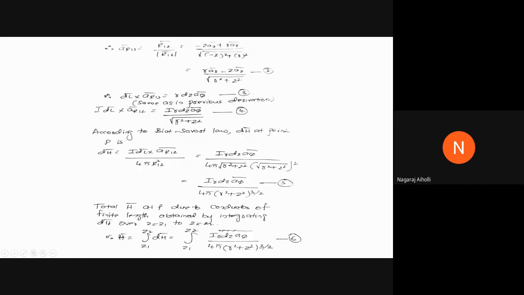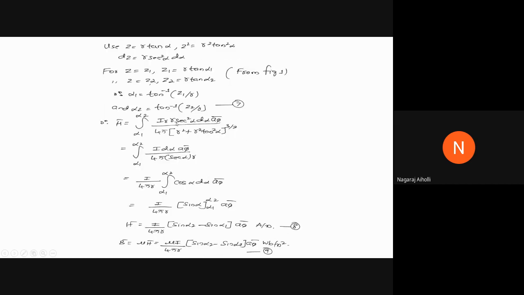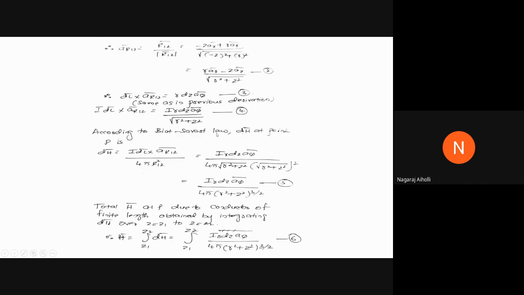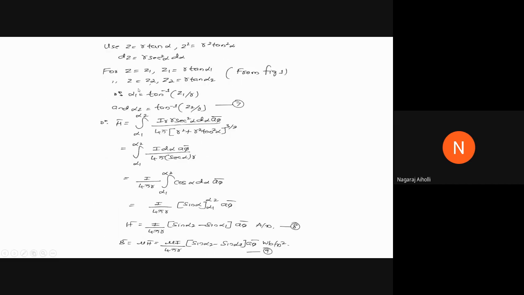For z equal to z1, z1 is equal to r tan alpha 1. Here if we take tan of alpha 1, that is z1 divided by r, or z1 is equal to r tan alpha 1, from figure 1.